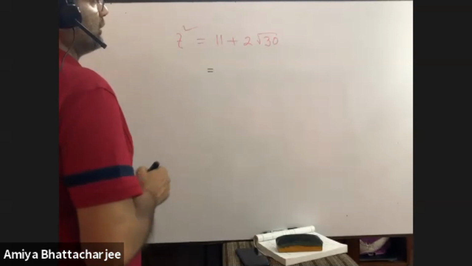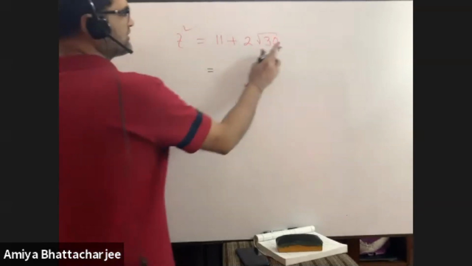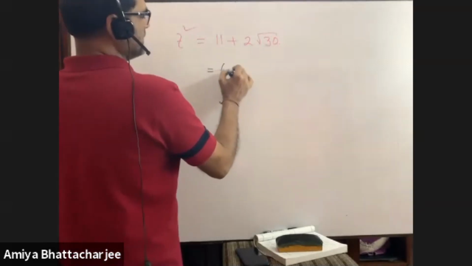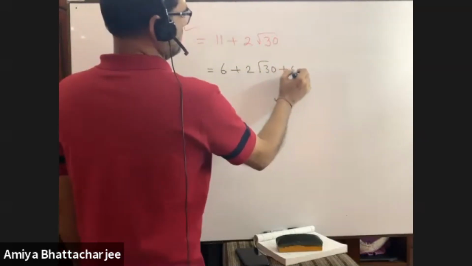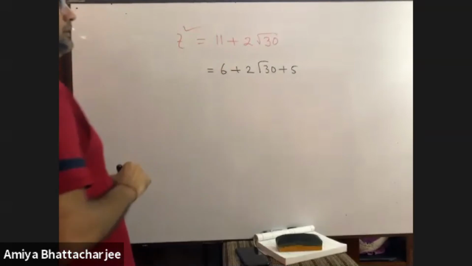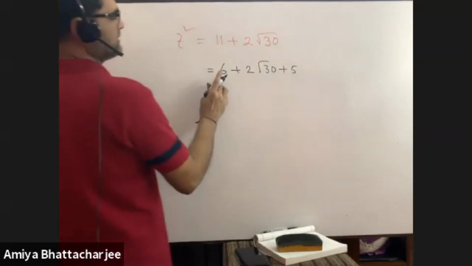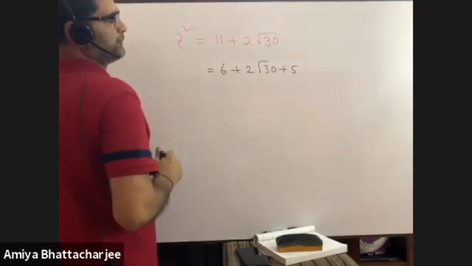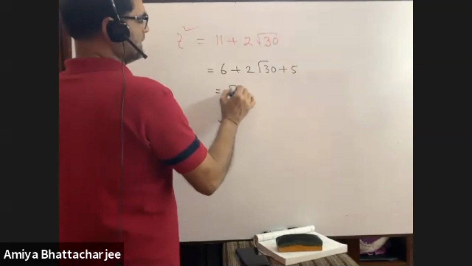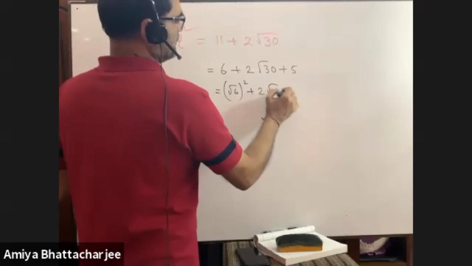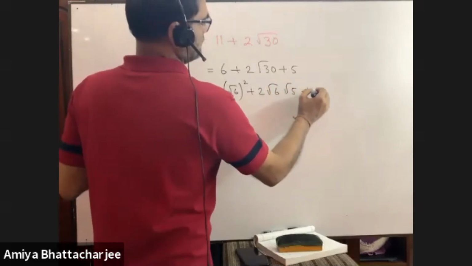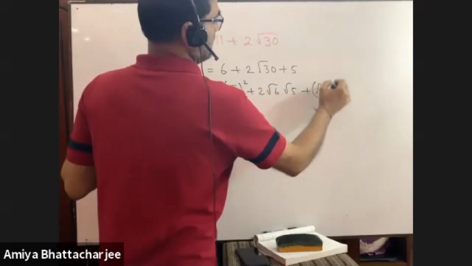Anyway, you see, it is 30. Very good. 6 fives are 30. Right? Yes, sir. Okay. And 6 plus 5 equals 11. Now we can easily get it. Root over 6 whole square, 2 root over 6 root over 5 plus root 5 whole square.